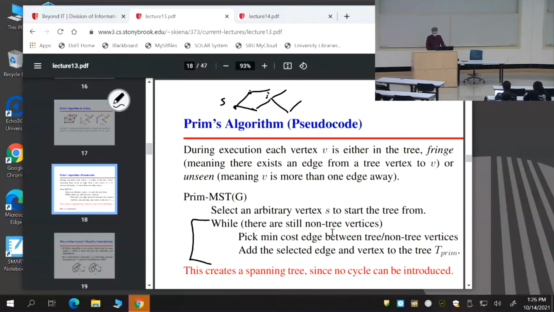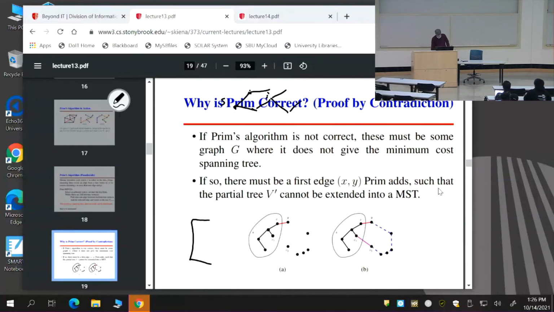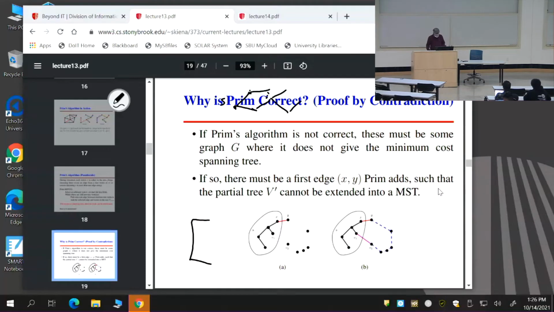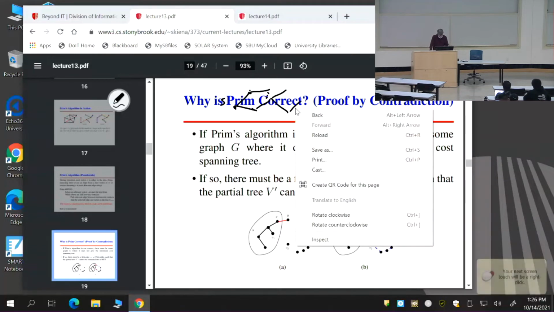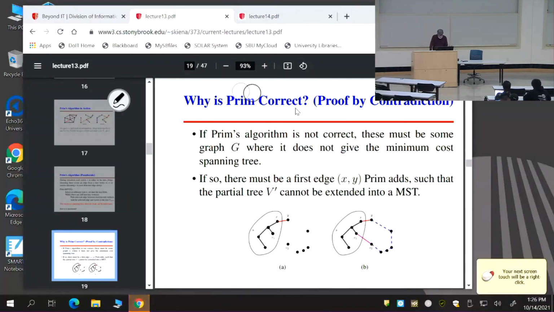Any questions? And what was the correctness argument? This is what I talked about last time. Why is Prim's algorithm correct? The proof was by contradiction. Suppose it isn't. Then there is a graph where Prim's algorithm does something wrong, meaning it produces a tree that is not of minimum weight.